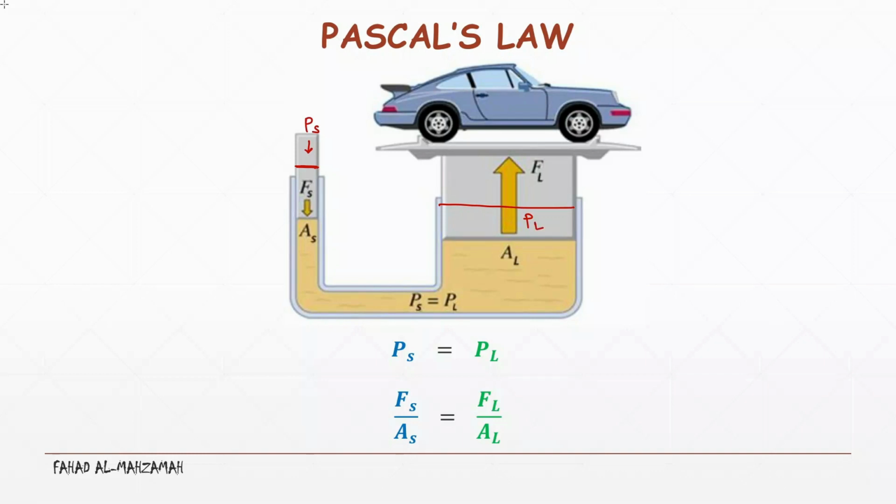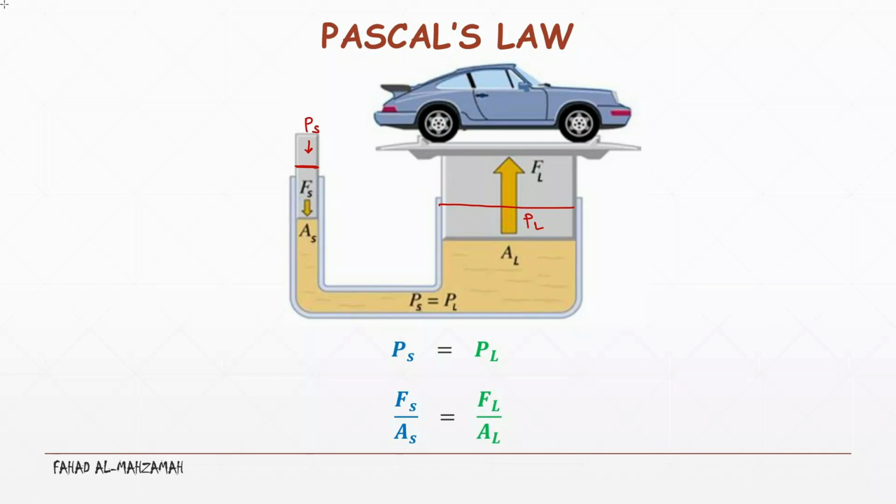Now we know the formula of the pressure is force over area. So PS means the force at the small piston divided by the area of that small piston, and PL means the force on the large piston over the area of the large piston.